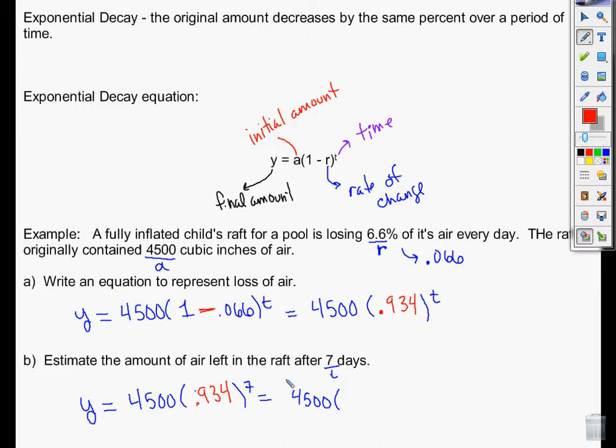So I have 0.934 to the 7th, and I get 0.62, and then there's a bunch of zeros and some other stuff, but I'm just going to make it 0.62. And that means at the end of 7 days, there would be 2,790 cubic inches of air.